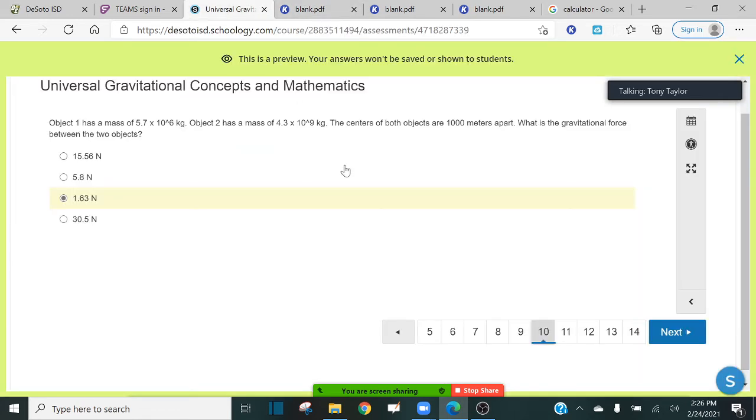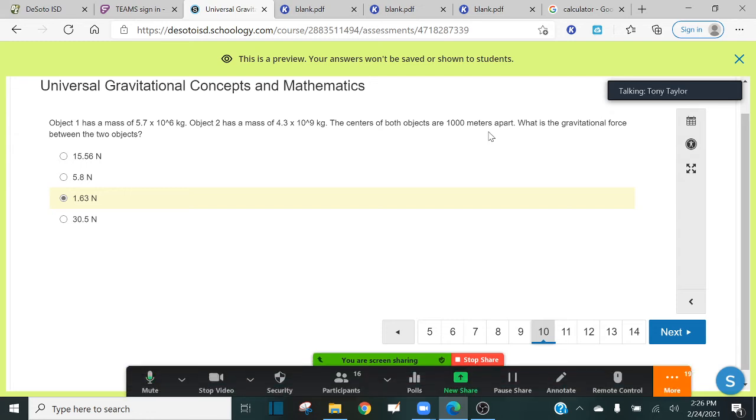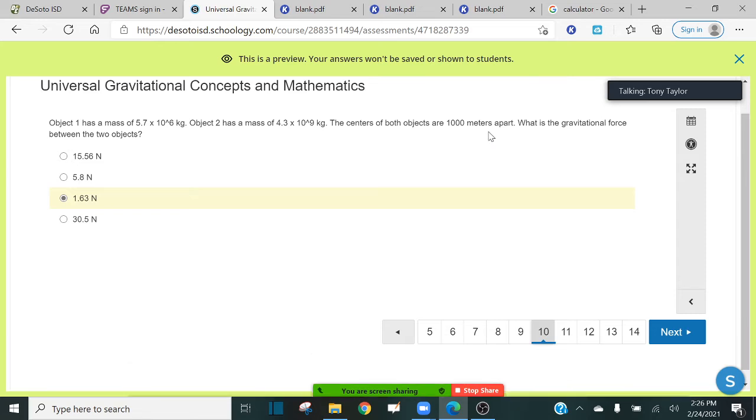And look, in the problem, it tells you the centers of both objects are 1,000 meters apart. So it told you that. Does that make sense, Stephanie? Yeah. So it told you that they're 1,000 meters apart. That's how far the centers are apart. So R always means the distance between the object centers.